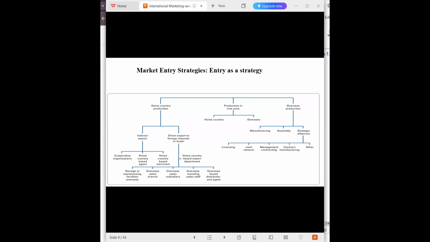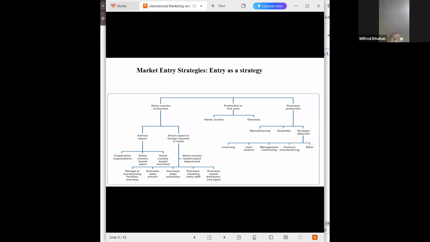From my little understanding of it, I can say that indirect entry is a way of entering the international market through the use of intermediaries like middlemen. Maybe there will be a local exporter that the organization will sell to.